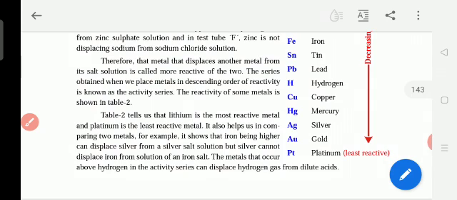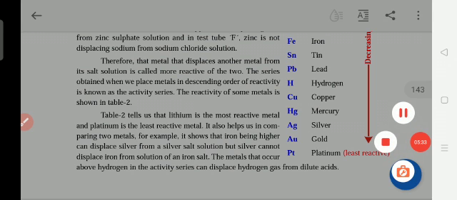So through this displacement reaction, what we understood is that more reactive metals are displacing the less reactive metals. That is why more reactive metals fast react with the oxygen, hydrogen and water, so that the metals will rust fast. Less reactive metals will not react fast with the water and oxygen, so they don't rust very fast. So most reactive metals are always displacing the less reactive metals.